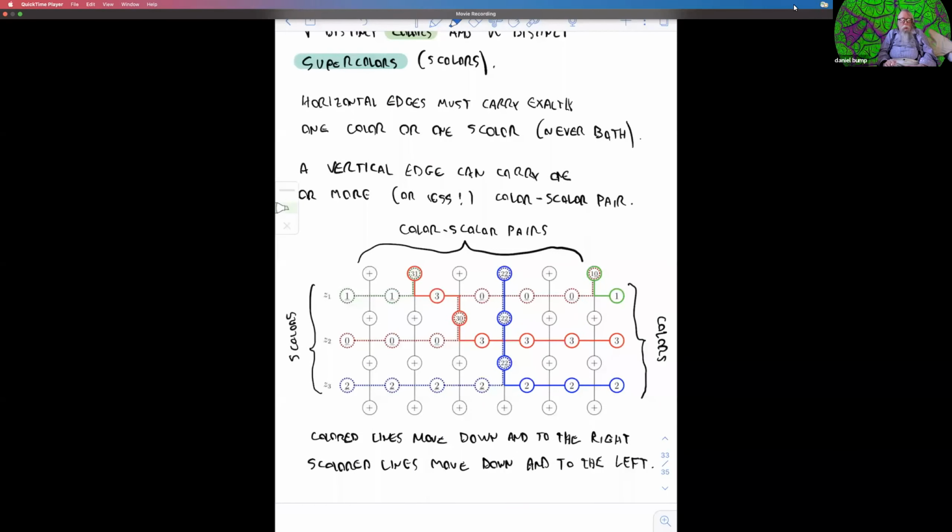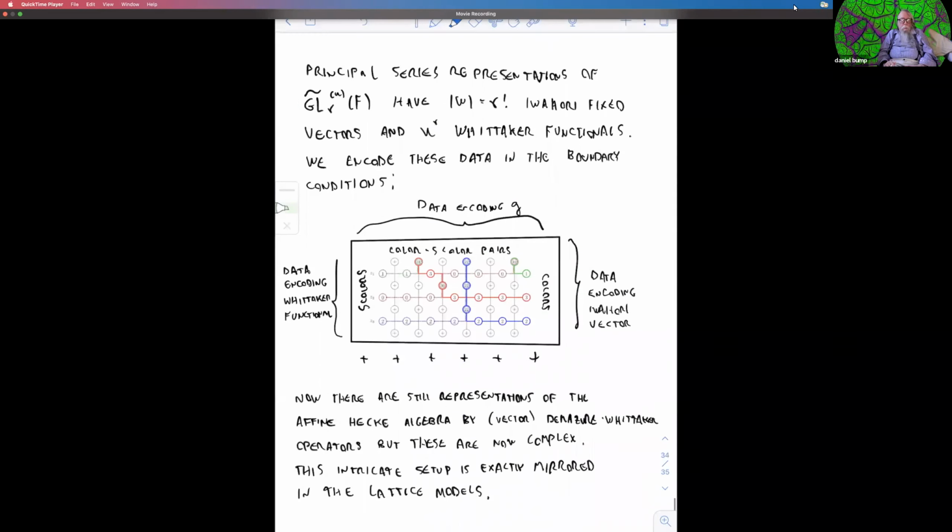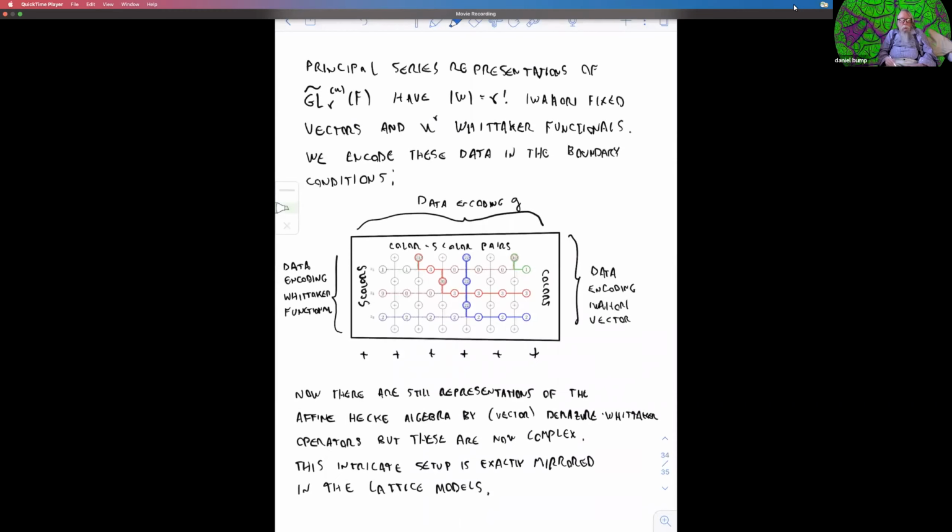Okay, so here's the scheme. The principal series representations of this p-adic group, this metaplectic group, have, as before, R factorial Iwahori Whittaker vectors, and they have n to the R Whittaker functionals.